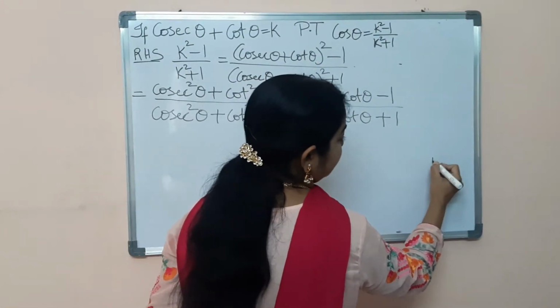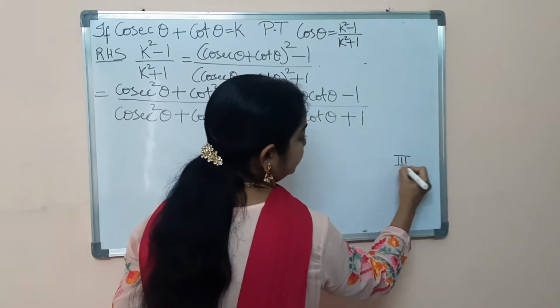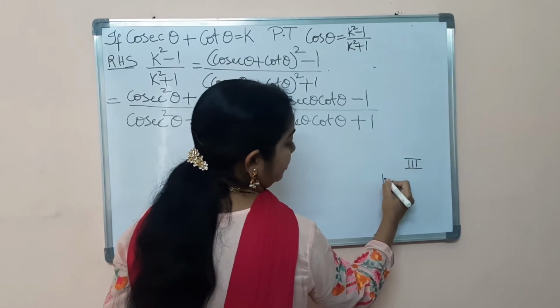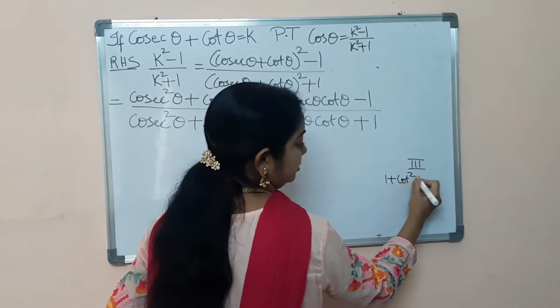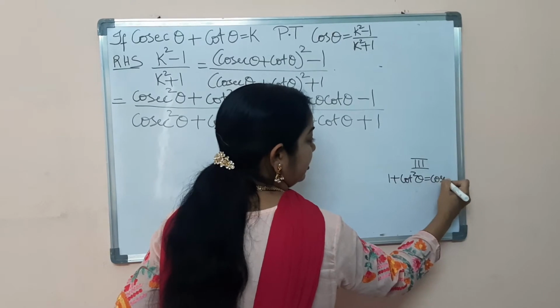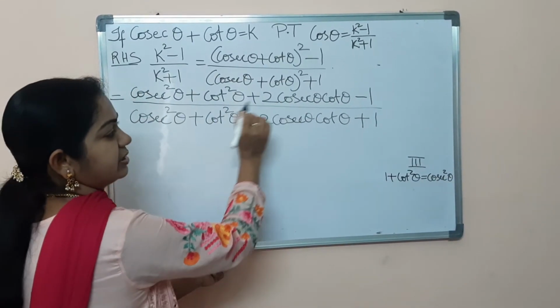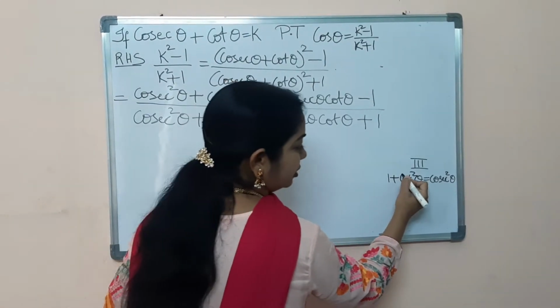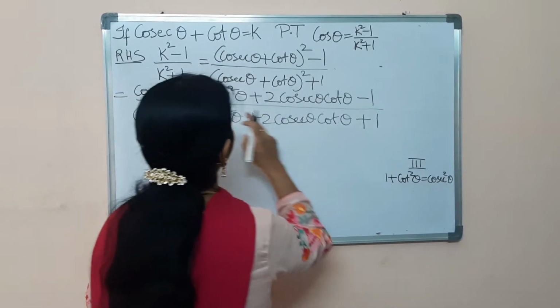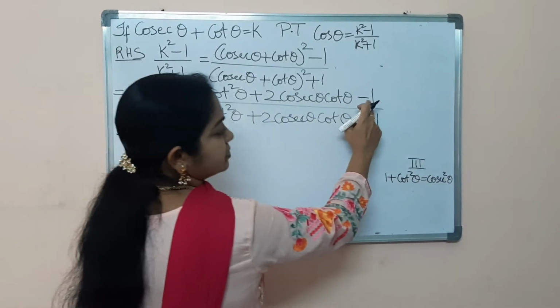So, if you see the third identity, 1 plus cot square equals cosecant square. I am using this identity because in the equation we have cosecant and cot. So we have to switch over to the third identity. Here cosecant square minus 1 is there.